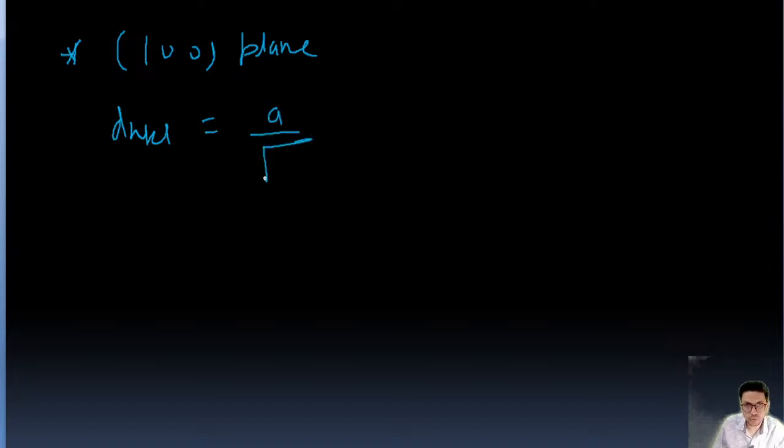I'll give one example first for the 100 plane. d_hkl is going to be a upon root 1 square plus 0 square plus 0 square. So this is going to be a.